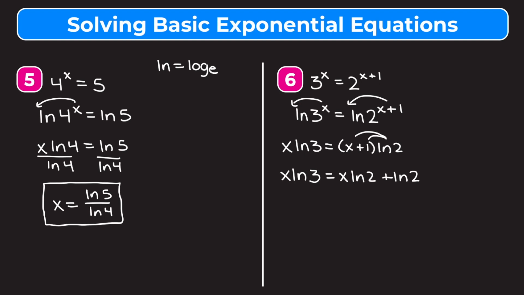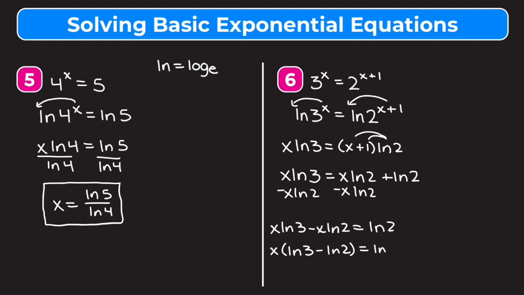And now we need to get our x terms on one side, so we're going to subtract x ln of 2 from both sides. And we're just going to write it as x ln of 3 minus x ln of 2 is equal to ln of 2. And we have to factor this x out to get it by itself. So we're going to have x times ln of 3 minus ln of 2 is equal to ln of 2.